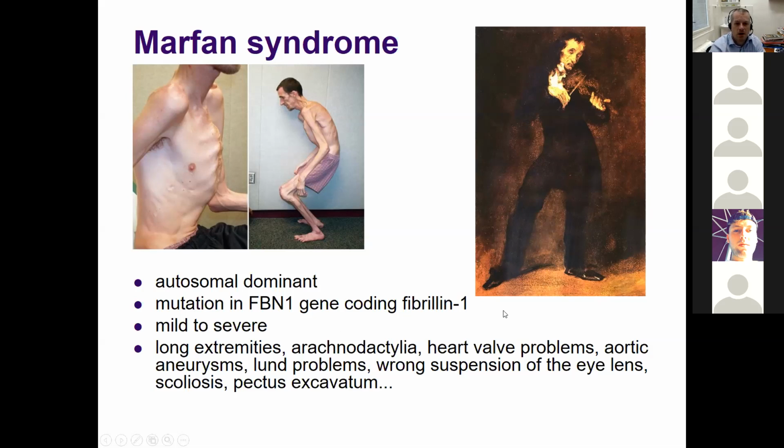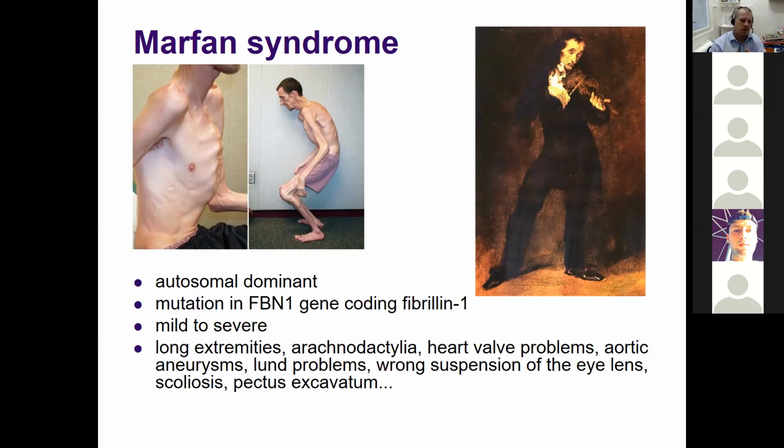You have heart valve problems, and mainly the elastic arteries are affected, such as the aorta, that relies on amounts of elastin, which makes it able to absorb the systolic pressure peak that comes with every heart cycle inside the aorta. So without elastin, the aorta cannot resist that repeated loading, those repeated pressure peaks, and becomes dilated. And this could be fatal for the individual because it could lead to a rupture of our aorta.